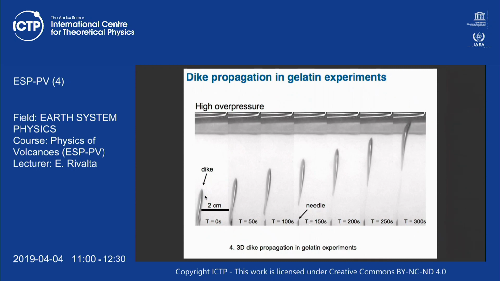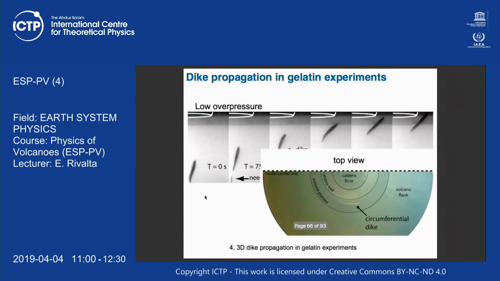And what he got is a vertical dike turning towards the caldera, a bit, not very, quite close to the caldera. So it depended on the overpressure of the dike, yes.